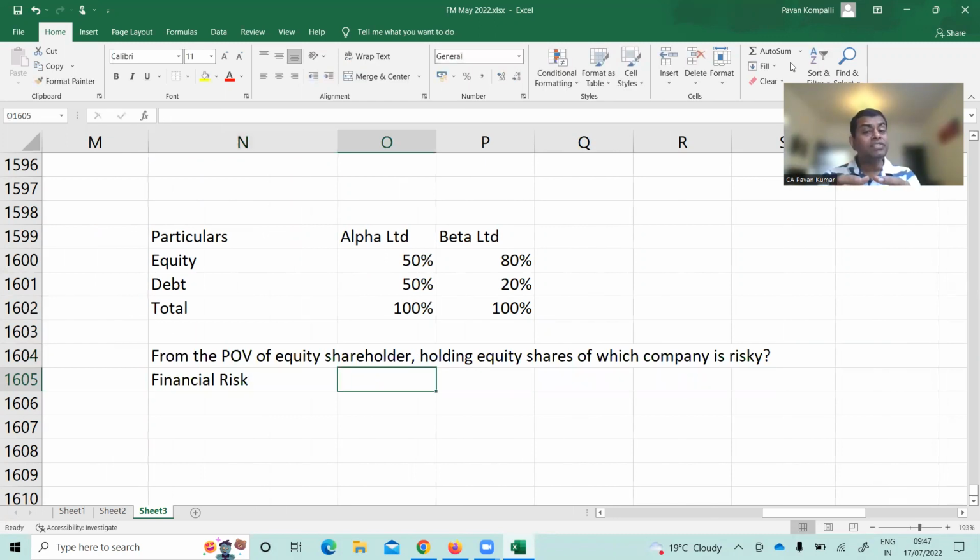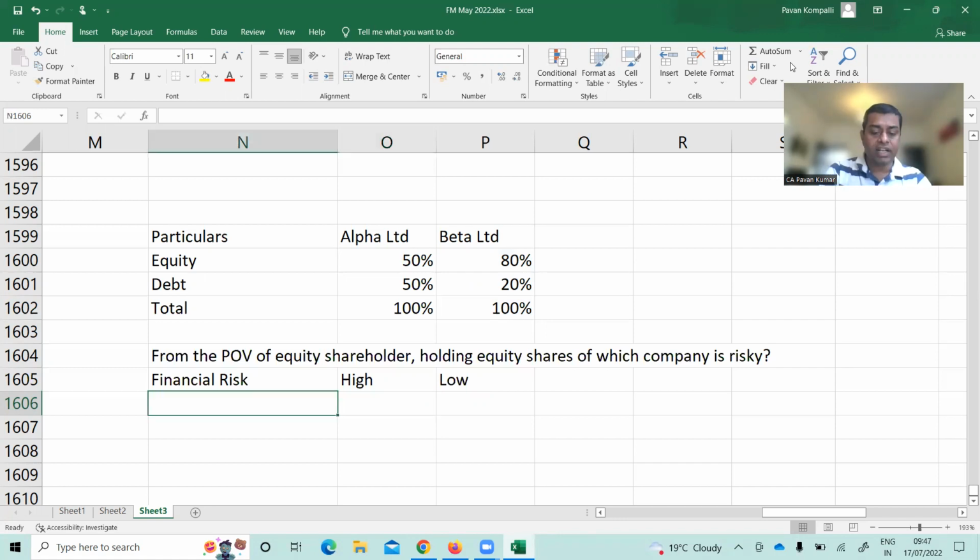So which company's financial risk from the point of view of the equity shareholder is high? Obviously, this one is high, this one is low. Why? Simple. When your debt is more, your risk is more, because you need to pay interest, a fixed finance cost, which will increase the risk.